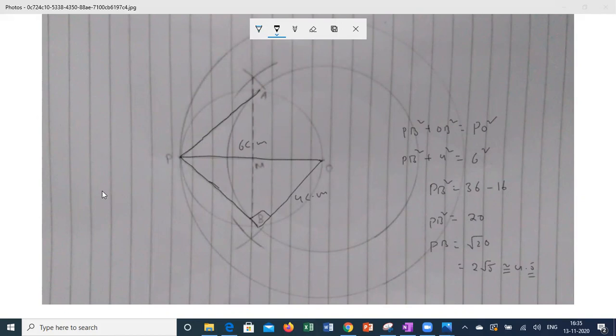Yes, sir. 2 root 5 is approximately equal to 4.47 you will get. Yes, sir, 4.47. So it is almost equal to 4.5 because 4.47 can't be measured by a general scale. If you are rounding off 4.47 to a single decimal, it is 4.5 only, no? Yes, sir.